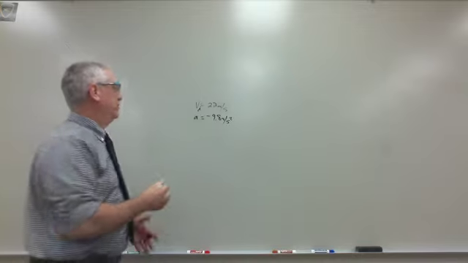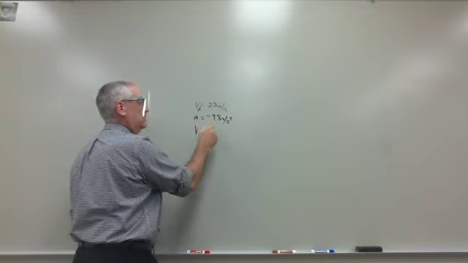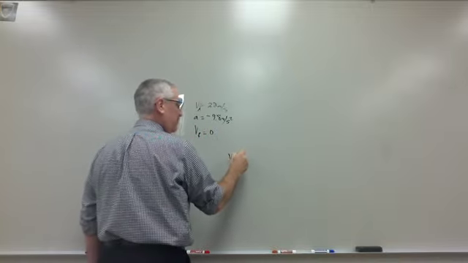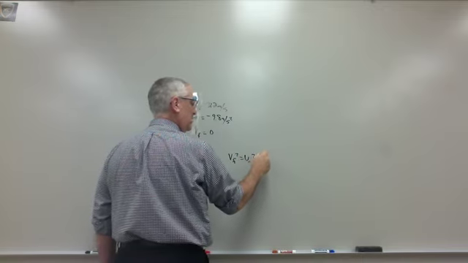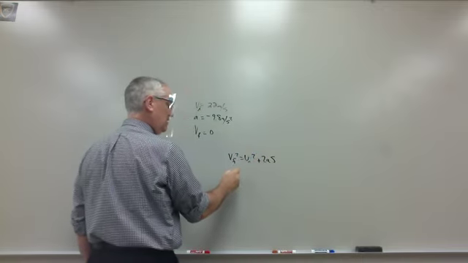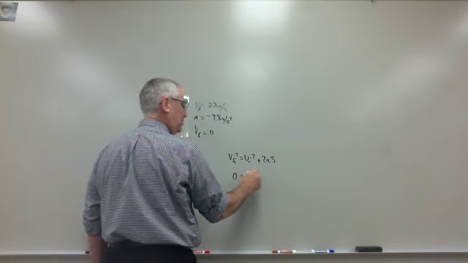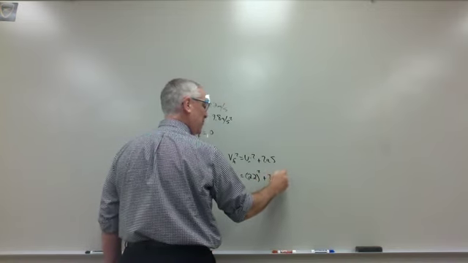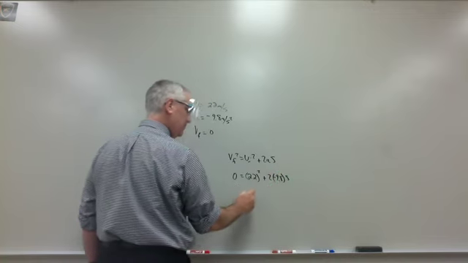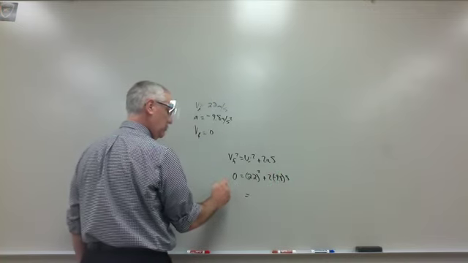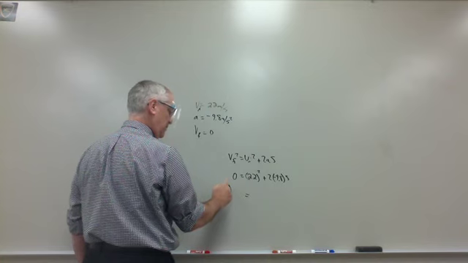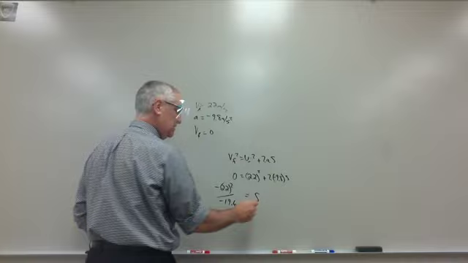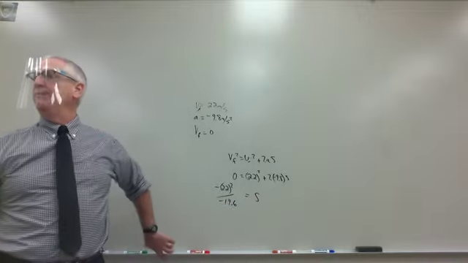On Earth, the final velocity is going to be 0 when it gets to the top. So I'm just going to solve Vf squared equals Vi squared plus 2As. This is 0, this is 22 squared plus 2 times -9.8 times S. So this becomes -22 squared divided by -19.6 is the distance.